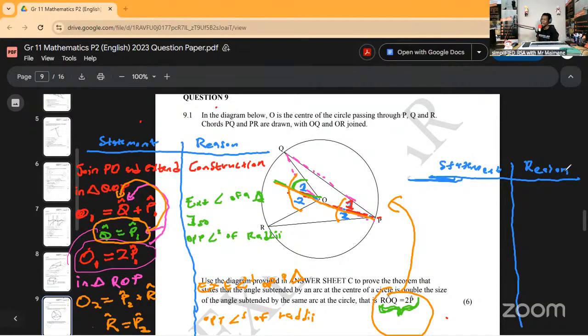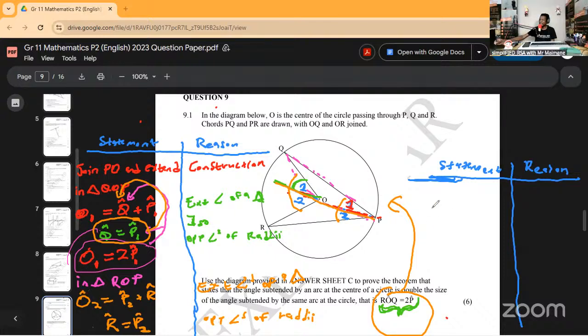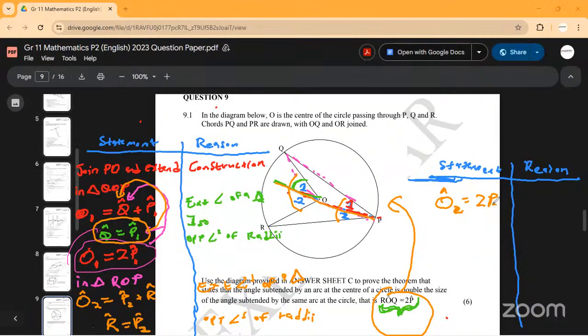Great. So now we are getting somewhere. From there, would you agree if I was to say O2 now? O2 is equal to 2 angle P2, because it is equal to R, because P2 is equal to R.